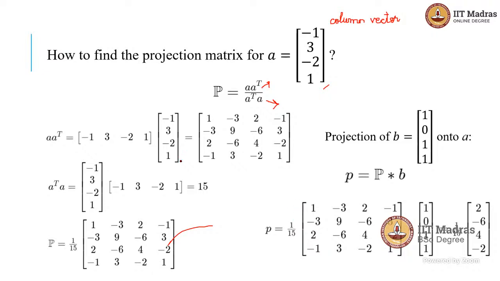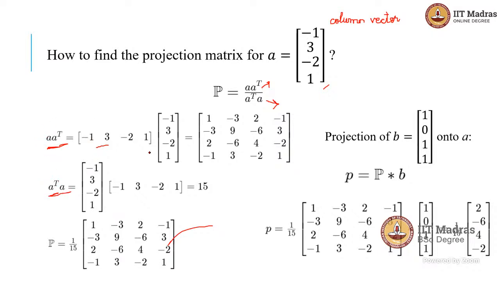You've taken A transpose A. Oh, sorry, I have written it wrongly maybe. Correct me? Yeah, it is wrong. Here I have mentioned 4 by 4, it is wrong. Sorry for the trouble.